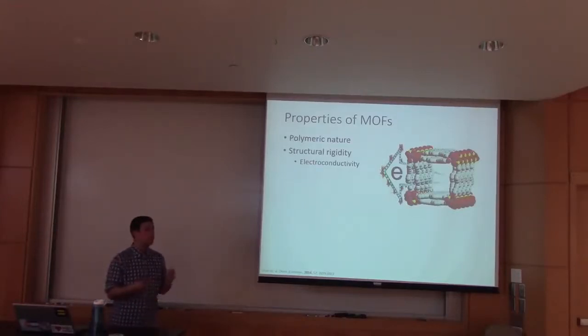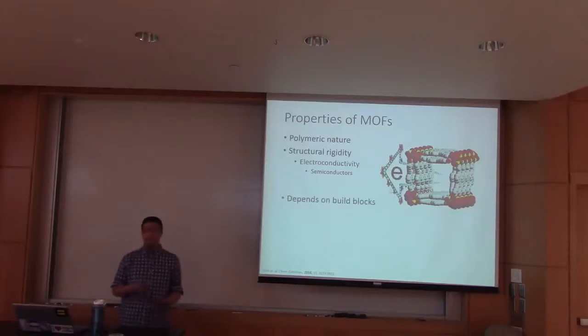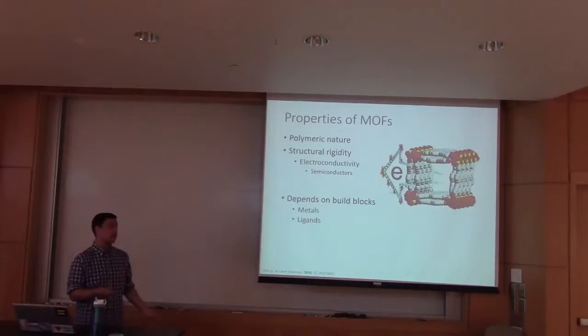Before 2012, there had been a few studies on things like MOF5, and they had shown small conductivity levels, but not enough to be worth looking into. But as researchers do, they looked into it more. And specifically, they found that some MOFs can be used as semiconductors. And use as semiconductors really depends on the building blocks, like all the other properties previously, the metals and the ligands.